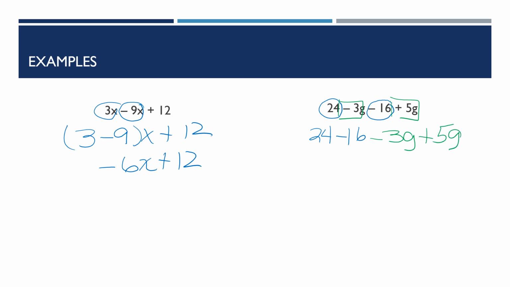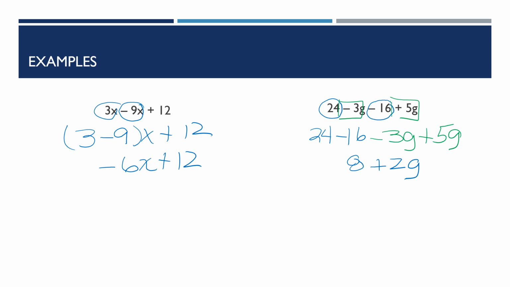So I've moved them using the commutative property so that I can combine them. So now 24 minus 16 is 8. Negative 3g plus 5g is 2g. And that's my final answer.